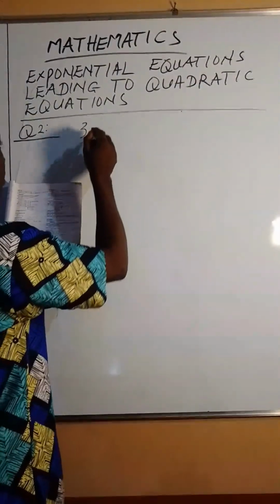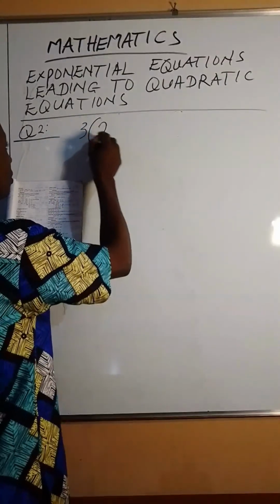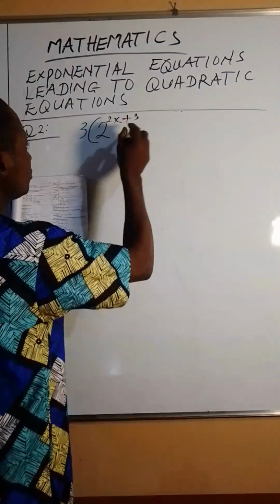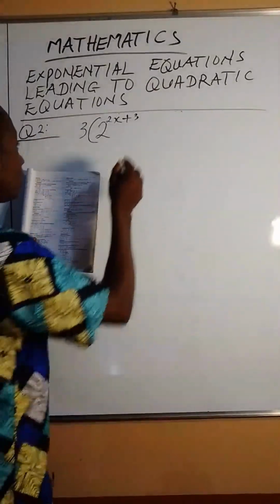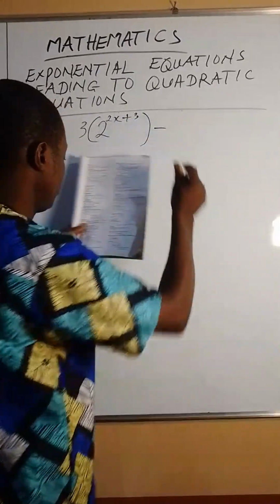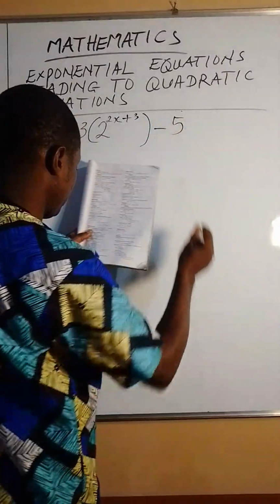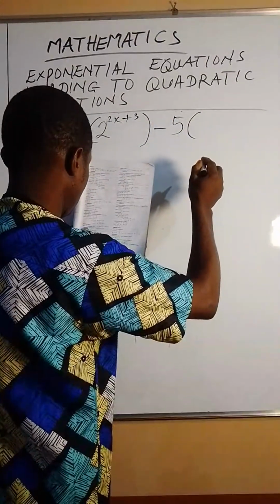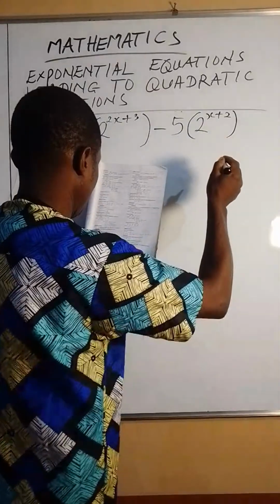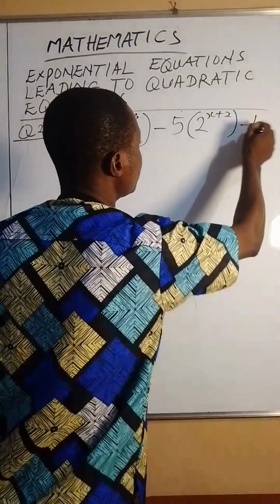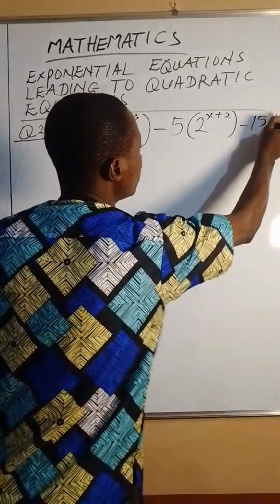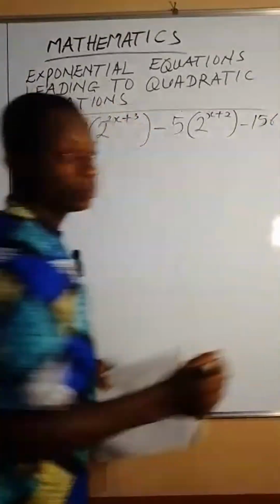We are given open bracket 2 raised to 2x plus 3, plus 3, then minus 5, then open bracket 2 raised to x plus 2, minus 156, and this is equal to 0.